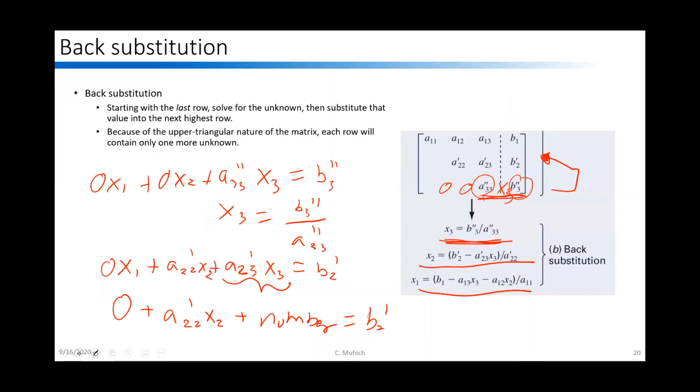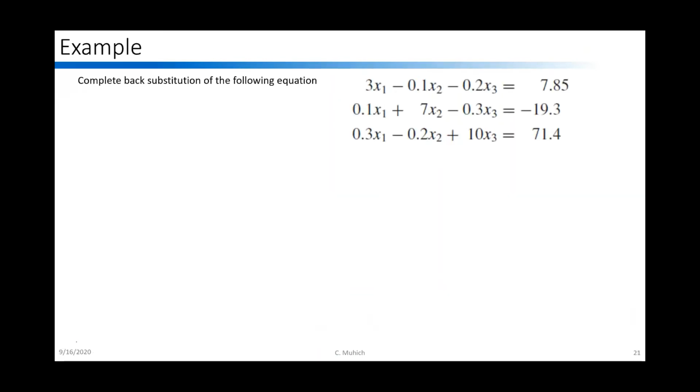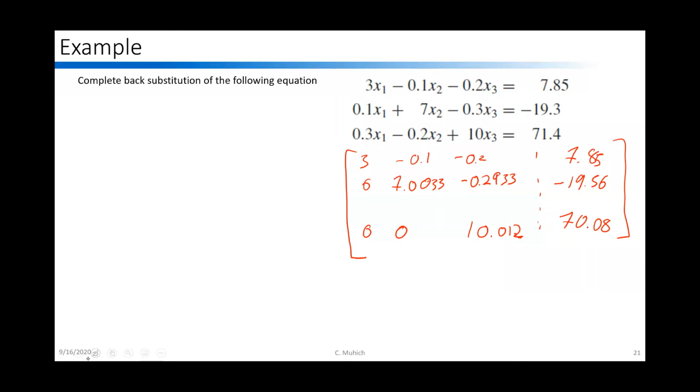Let's go ahead and put this into practice. So here we have that matrix that we got from forward elimination, and now we're ready for our back substitution. We can either write this out, so I'll write it out the first time: 10.012 times x3 equals 70.08. This then tells us that x3 is equal to 7.